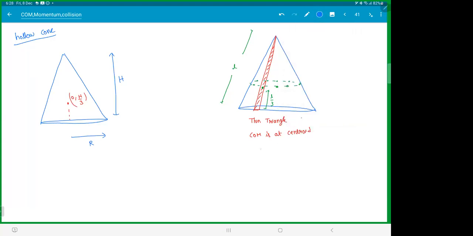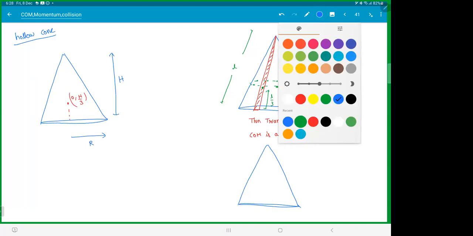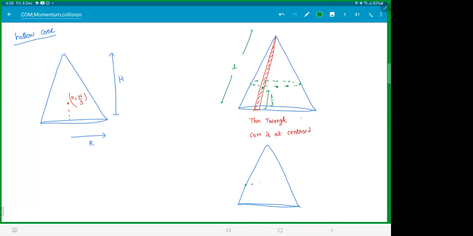That means for all these thin triangles, these are the centers of mass. So for this cone, it can be divided into a combination of multiple triangles, where all the centers of mass will lie on a circle like this. And if you find the center of mass of these triangles, that should be at a height of h by 3. Make sense? You can prove that without integration.